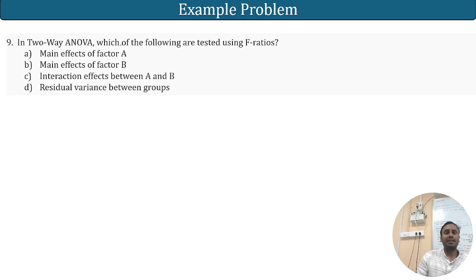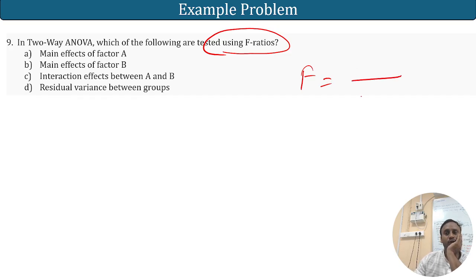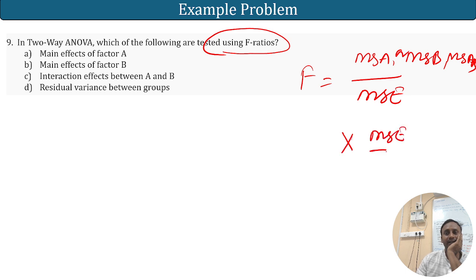In two-way ANOVA, which of the following are tested using the F ratio? How are we calculating F? For factor A, we'll go with the MSE. Either it can go MSA, MSB, or MSAB, but it can't be MSE by MSS.